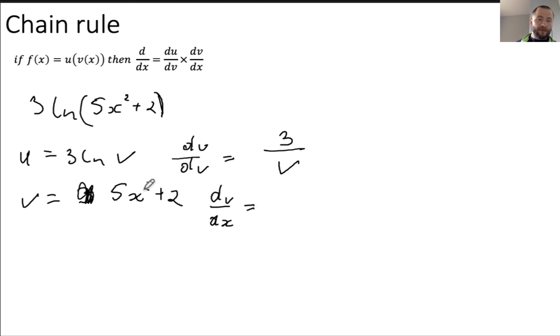So now I can finally find the value of the derivative of the whole expression.